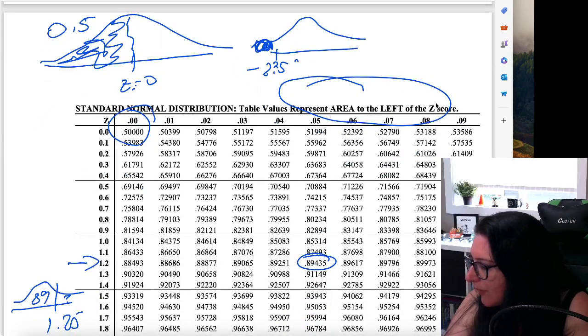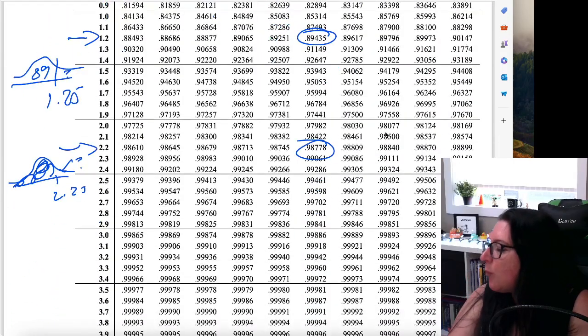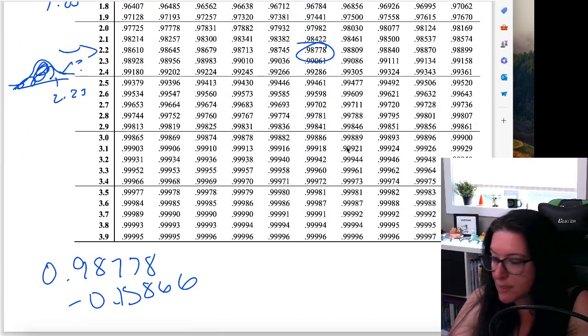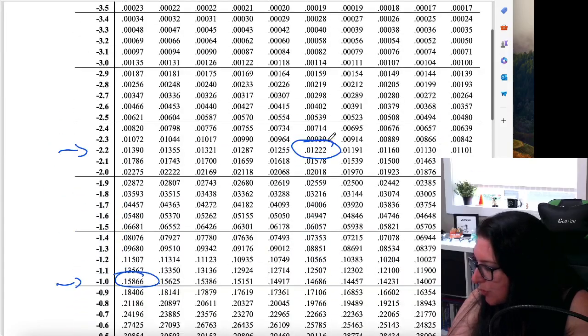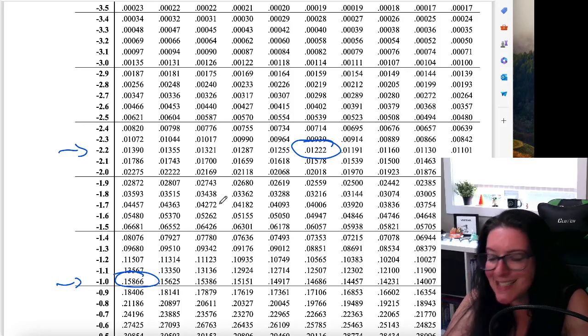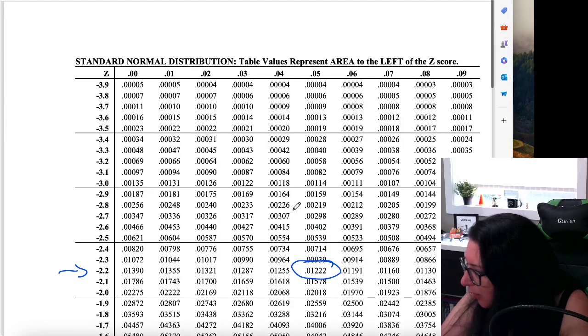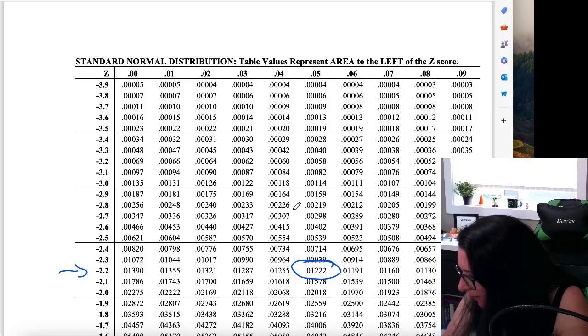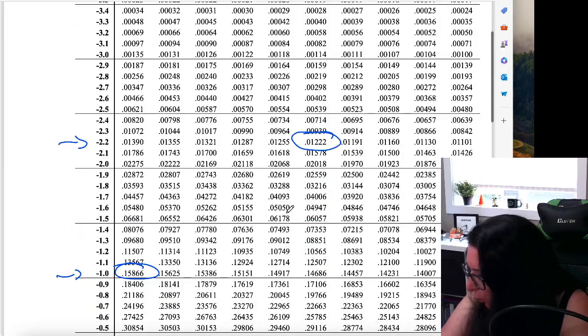We're doing everything to the left, and we're looking for a number that is 0.025. So we're looking inside the table now, and we're looking inside the table for 0.025. So here we have 0.00. We want 0.0. So keep going. 0.022.